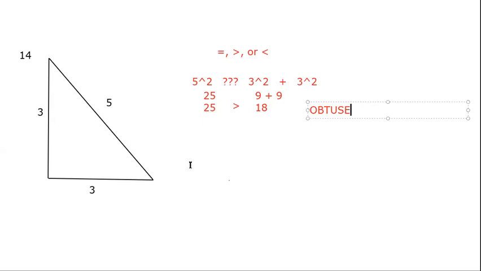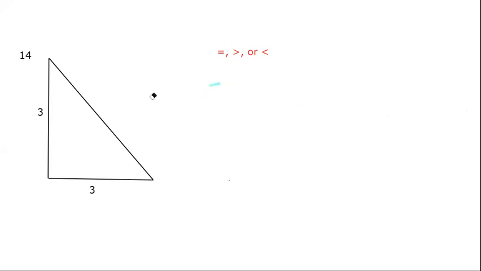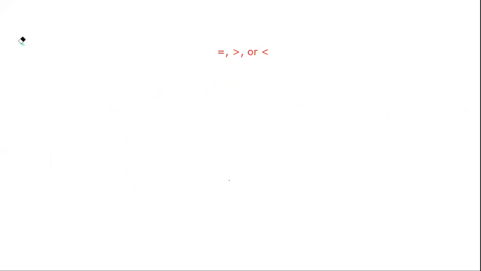Okay? 17 does not give you a diagram. Instead, 17 gives you a list of sides. It says 6, 6, and 10. Well, the longest side is 10. So 10 squared. We don't know what goes in the middle. 6 squared plus 6 squared.